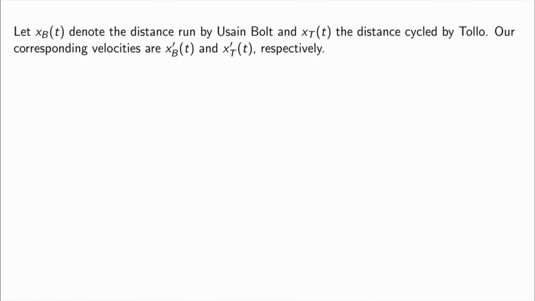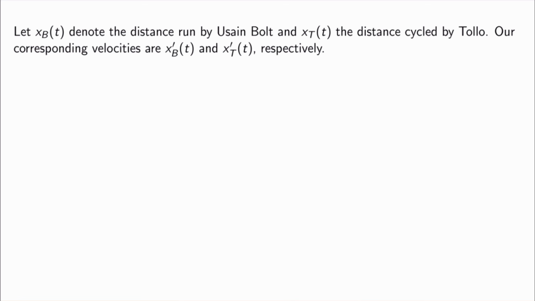Let x_B of t denote the distance run by Usain Bolt, and x_T of t the distance cycled by Tolo. The corresponding velocities are of course the derivatives. So x_B prime is the velocity of Usain Bolt at time t, and x_T prime is the velocity of Tolo at time t.